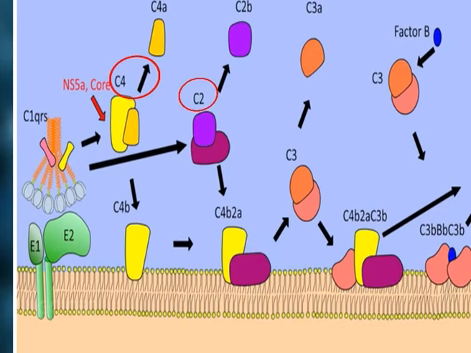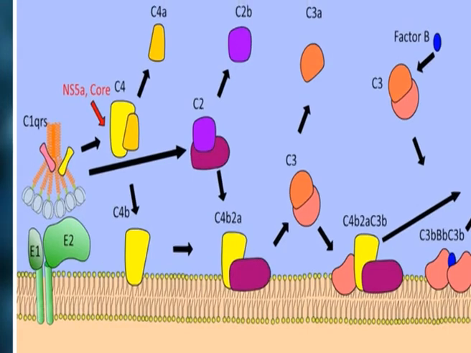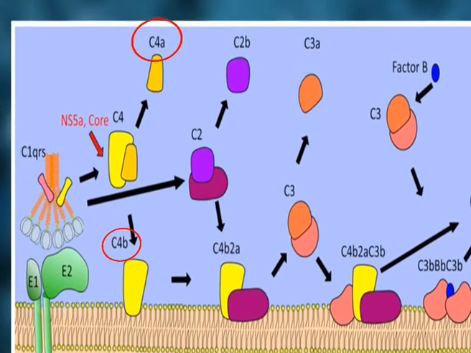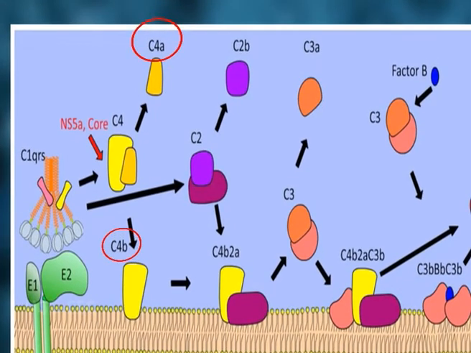C1s has two substrates in the classical complement pathway, C4 and C2. The C4 component is the next complement component that is activated and then cleaved by C1s to a smaller fragment C4a and a large fragment C4b molecule. The smaller one diffuses away and functions as a mediator of inflammation.